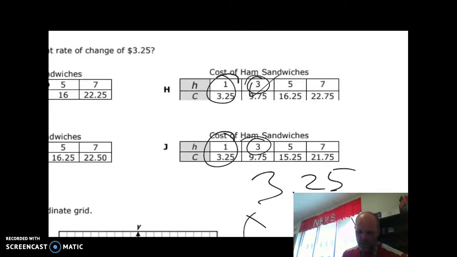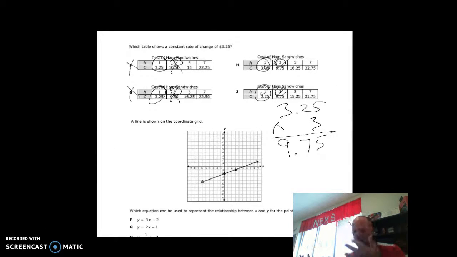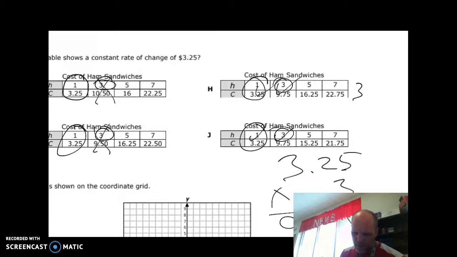H, so far they are both correct. So now we just go to 5 sandwiches. How do we find out how much 5 sandwiches cost? Anyone? Then how do we find that? Yeah, multiply. 5 sandwiches times $3.25.